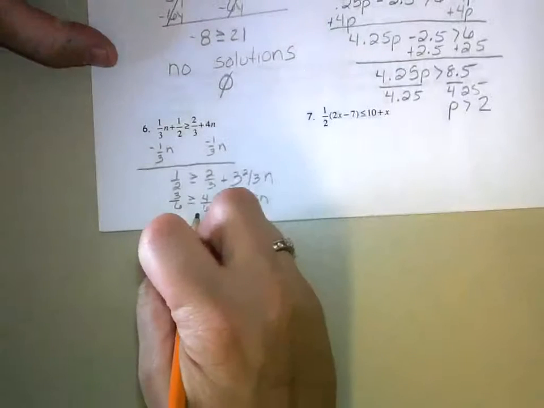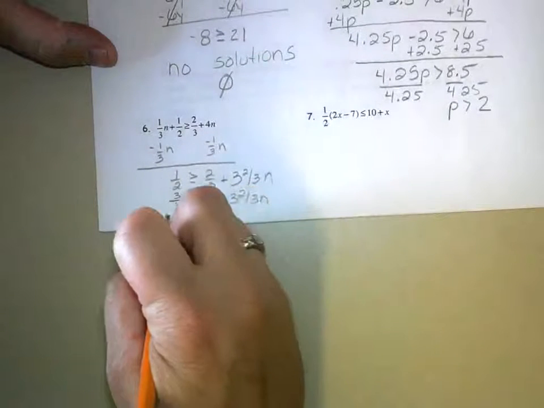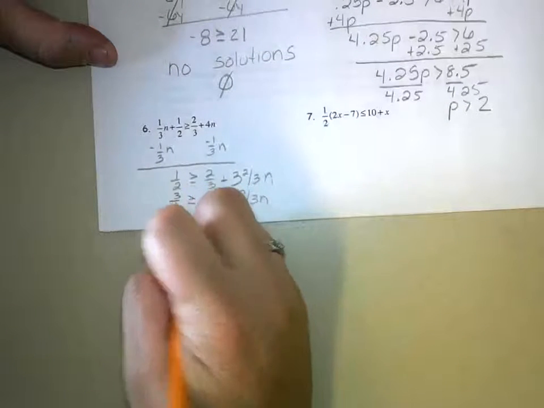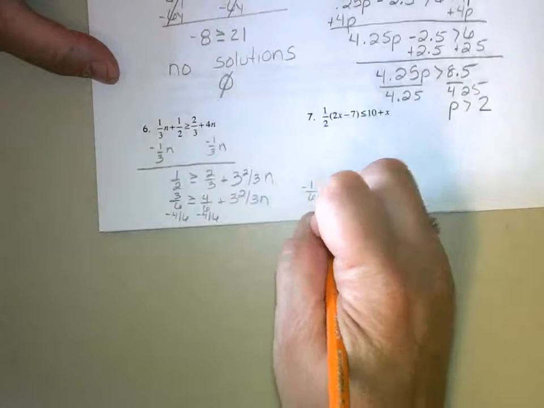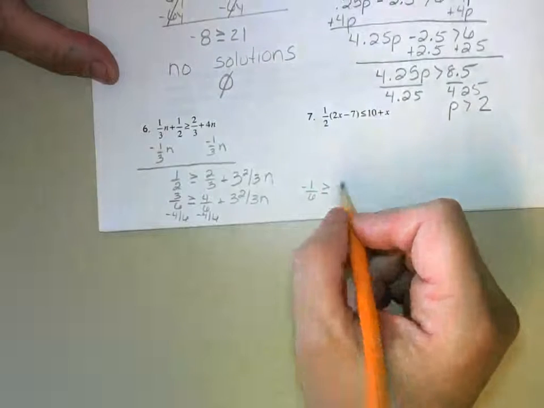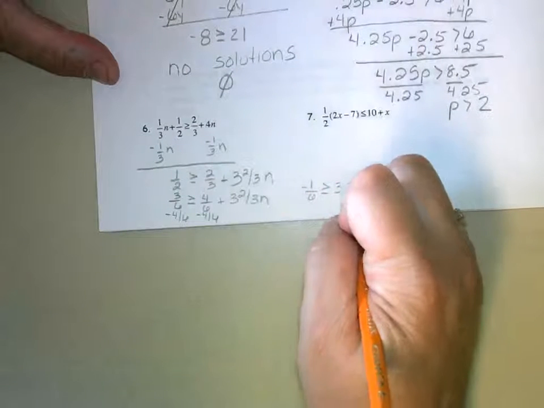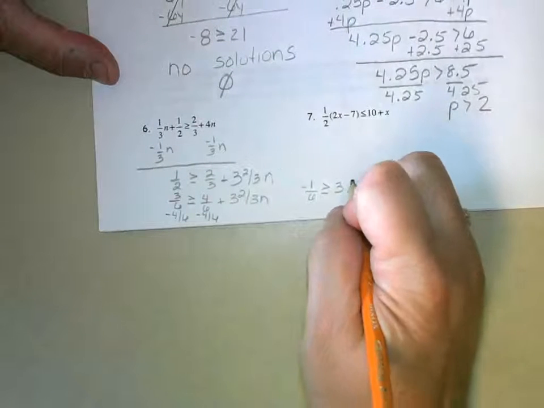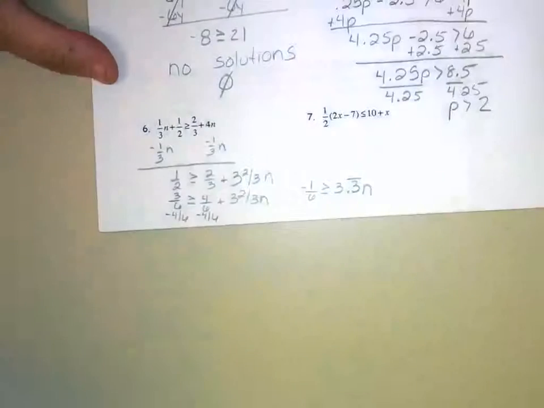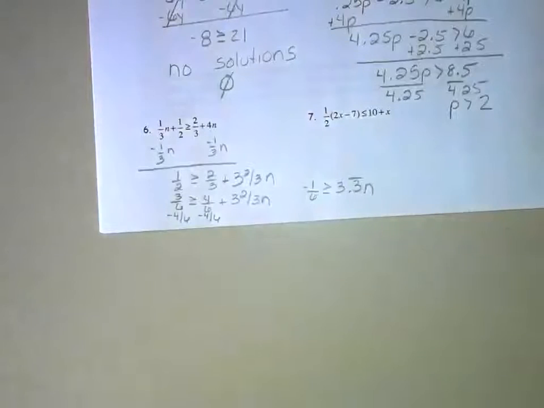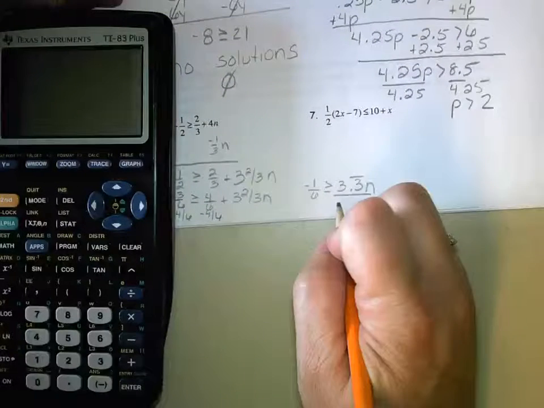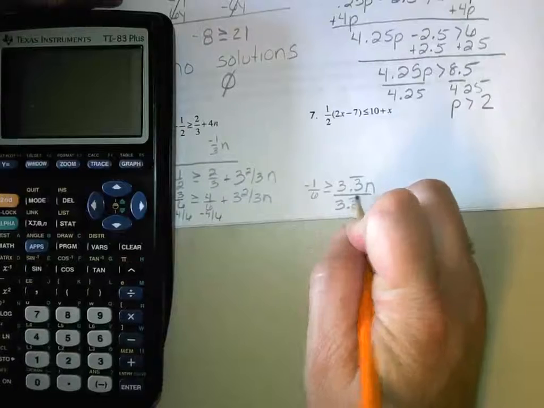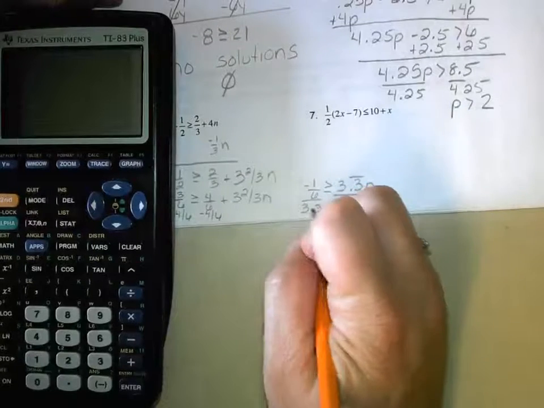From there, we subtract 4/6 from both sides, and you will have a negative 1/6 is greater than or equal to, I'm going to call this 3.3 repeating n. I changed that from a fraction to a decimal. And then from there, dividing both sides by 3.3 repeating.